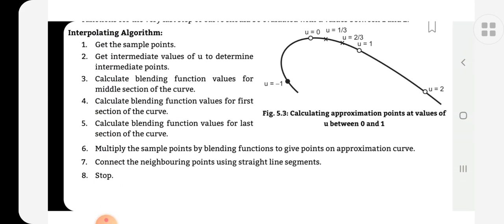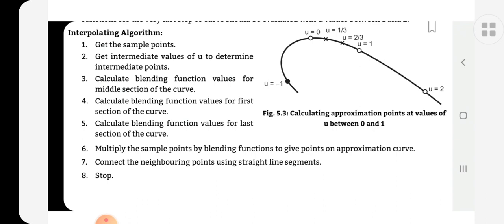Then, the interpolating algorithm: how to solve this curve using this algorithm. There are 8 steps. The first is to get the sample points. Second, get the intermediate values of u to determine intermediate points. Third, calculate the blending function values for the middle sections of the curve.